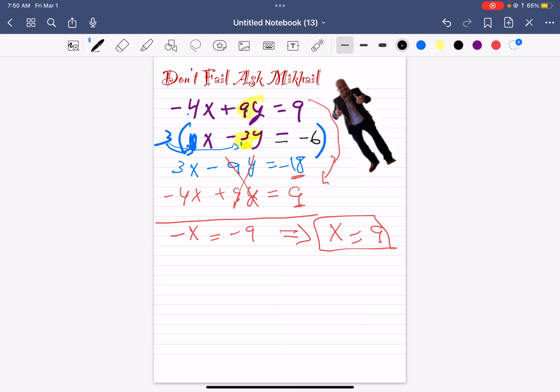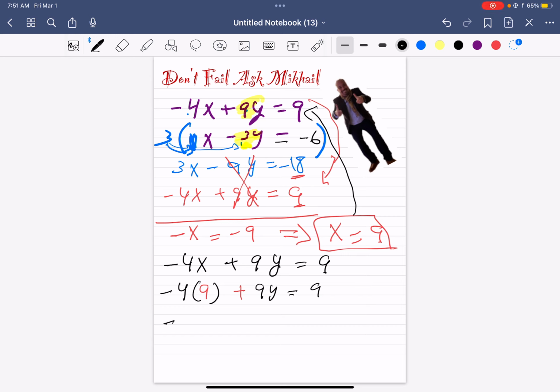Substitute the x in any equation. Let's do the first one. I have negative 4x plus 9y equals 9. So that's negative 4 times, and instead of the x, I'm going to put 9, plus 9y equals 9.